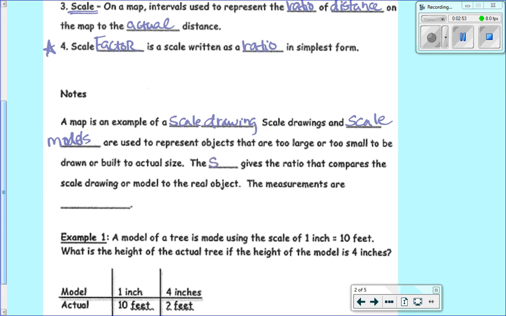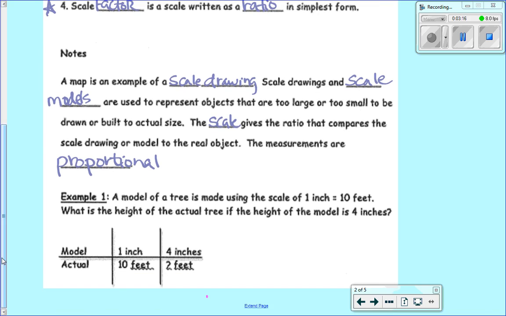The scale gives the ratio that compares the scale drawing or model to the real object. The measurements are proportional. So we will continue to set up proportions to determine actual size, the model size, and to get that scale.